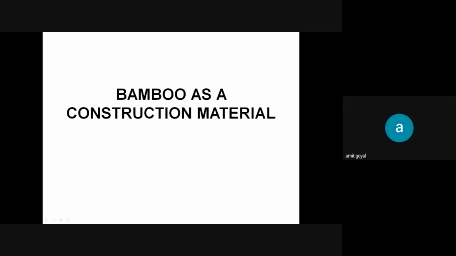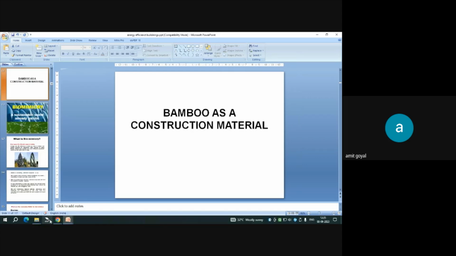But now bamboo has been converted into wood flooring, and it is very cheap, very easy to install, and no problem of termites, right? It is available in our country and very easy to install. I'll show you a few video films, and you can see for yourself how useful it is. Just a moment.